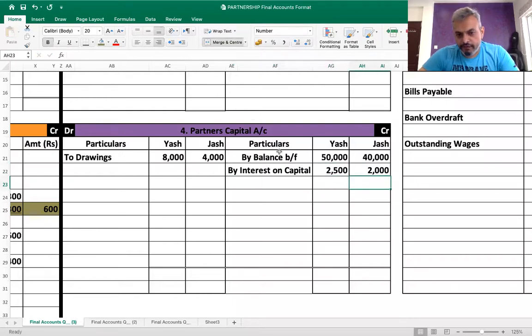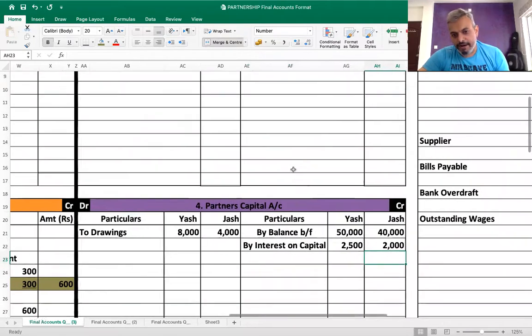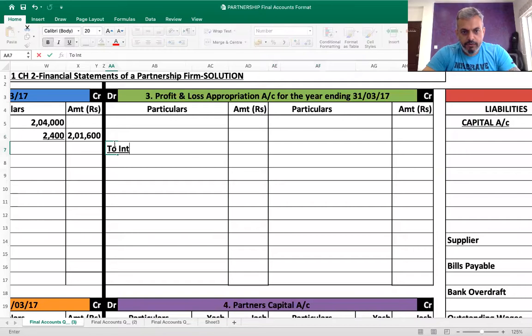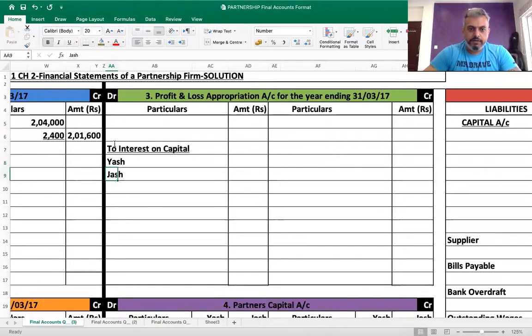So interest on capital, calculate below capital. Partners capital account credit, so P&L appropriation account debit, first two lines blank to interest on capital. Yash and Jash. So Yash's 2,500 and Jash's 2,000. So 4,500. Give the second effects.